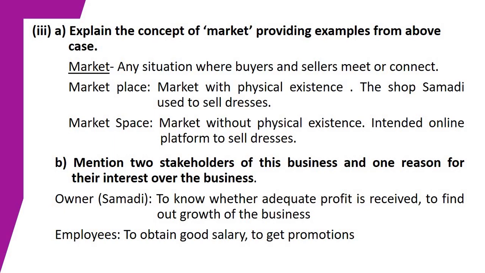Why are they interested in the business? So the owner here is Samadhi: to know whether adequate profit is received, to find out the growth of the business. Then employees: to obtain a good salary, to get promotions, to have job security. So those may be their interest over the business.